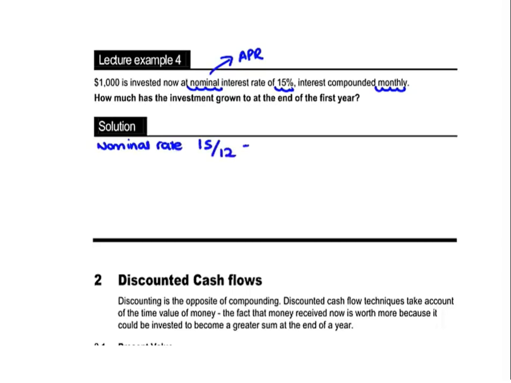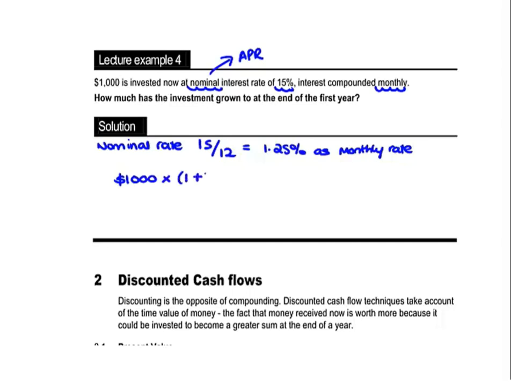If we divide that by 12, that gives us 1.25% as the monthly rate. And what we can do is use that monthly rate of 1.25% to work out how much our investment will grow to during the year.